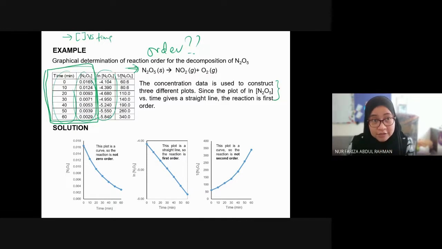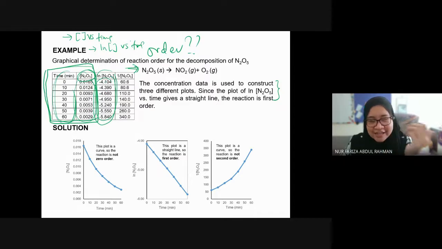First order. So kalau dia first order, you kena prepare data untuk ln concentration versus time. Again, time is there, but we don't have the ln concentration, but we can calculate the ln concentration by using the concentration given. Betul tak? Kita just simply lnkan dia lah. Dapatlah this value.